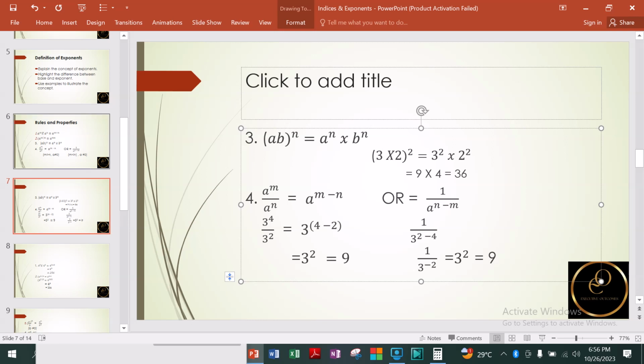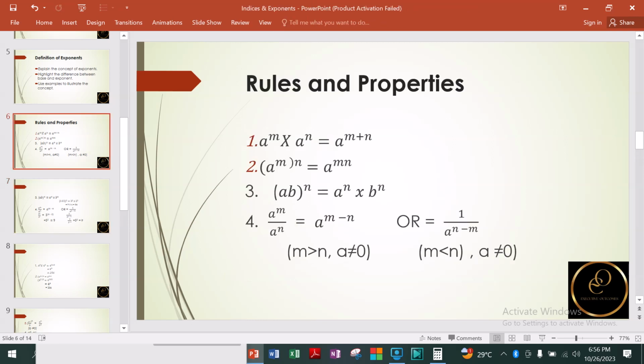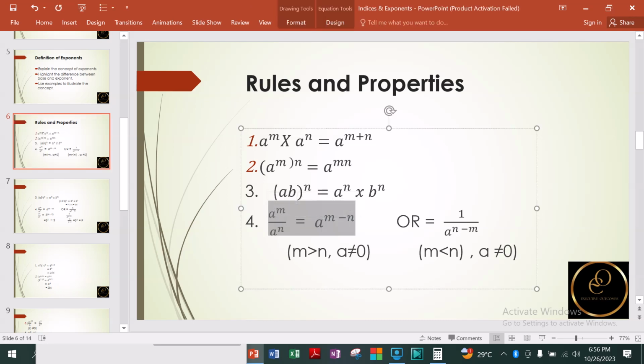We come to the conditionalities even here to make this one possible. There are conditionalities. What it means here is that this can be used provided m is greater than n and a is not equal to 0. This conditionality is very, very important. Why is it important?